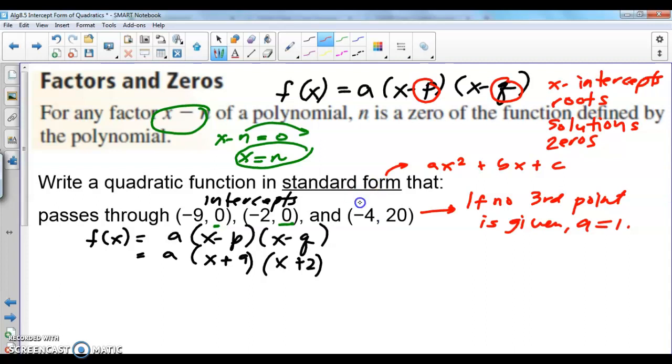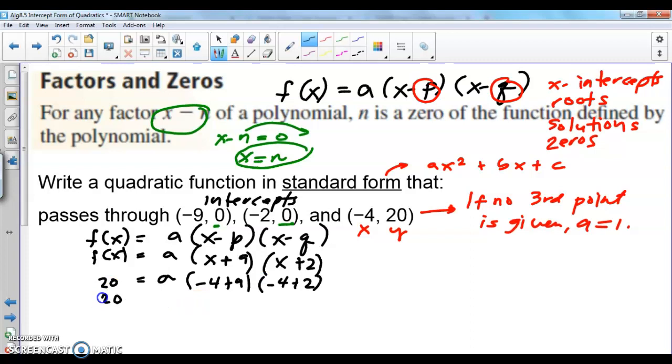So how? This will be our value of x, and 20 will be the value of y. So it's a regular ordered pair that fits in the graph. So that means when you substitute it, you will change f of x, which is your y value, to 20. So our original f of x will now turn to 20 equals, we don't know what a is, so we just bring it down, times the quantity x, x is negative 4, so negative 4 plus 9 times negative 4 plus 2.